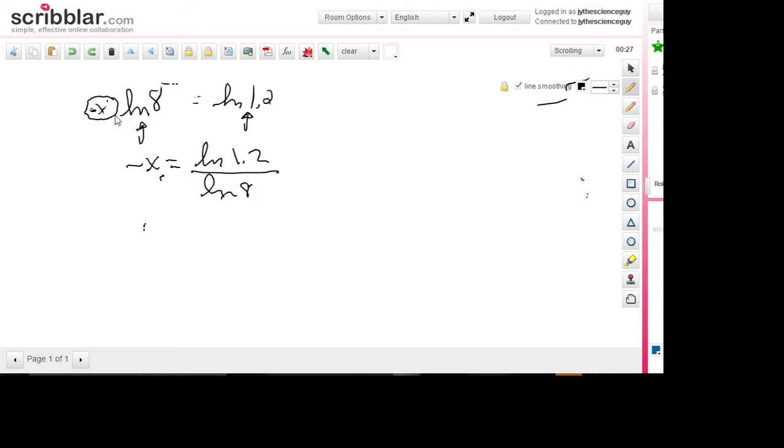And what is the negative x doing to that ln of 8? It's multiplying, right? Mm-hmm. Because it's right next to it. Yeah. So I'll divide both sides by the ln of 8. And then I can move the negative sign over to the other side too.